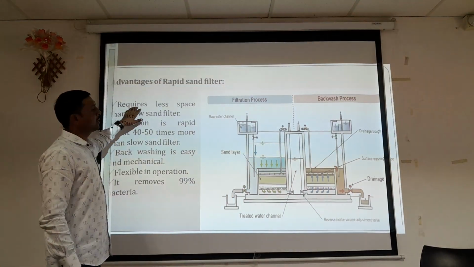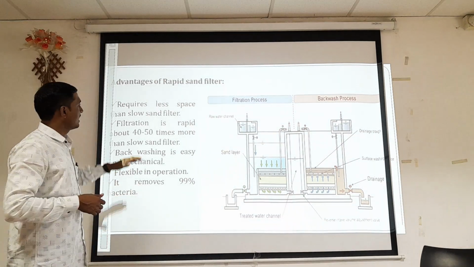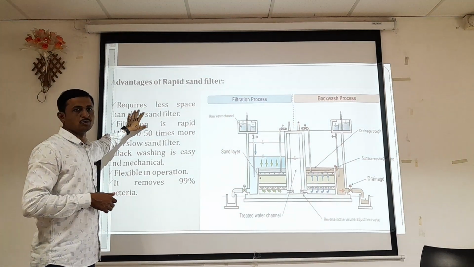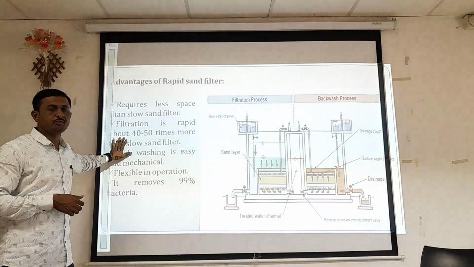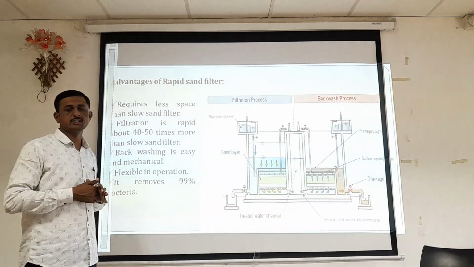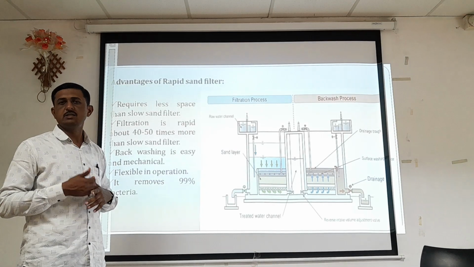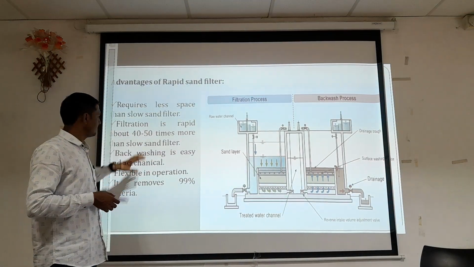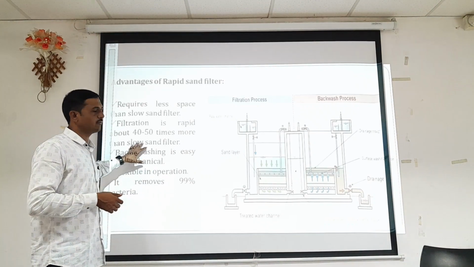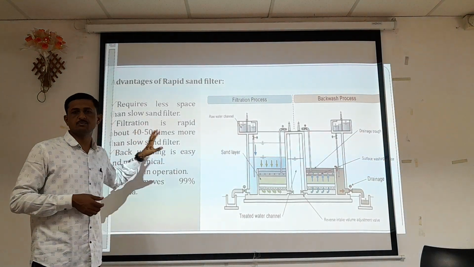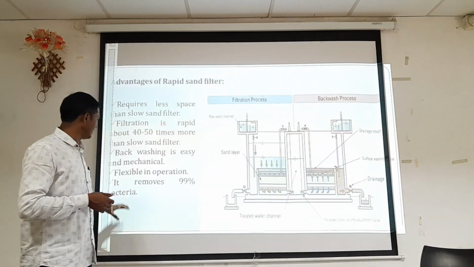It requires less space as compared to the slow sand filter. Filtration is rapid, about 40 to 50 times more than the slow sand filter, as its rate is higher. Backwashing is carried out in a mechanical way in the rapid sand filter, which is absent in the slow sand filter.